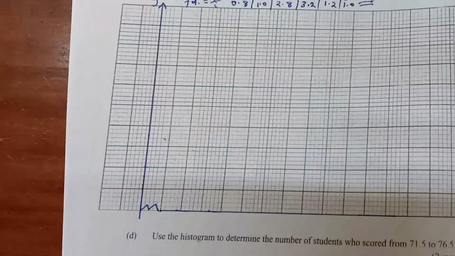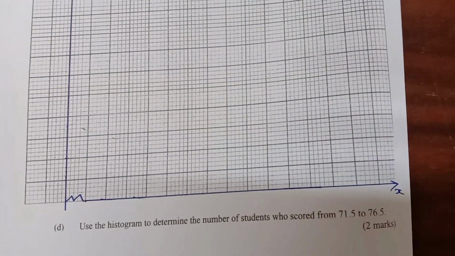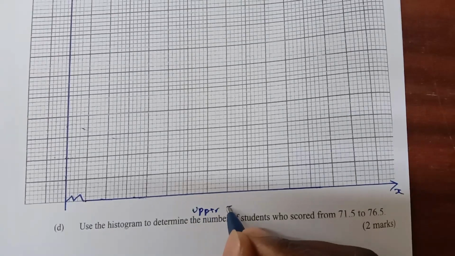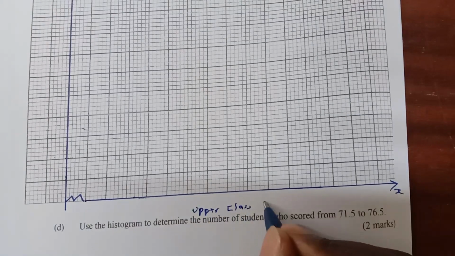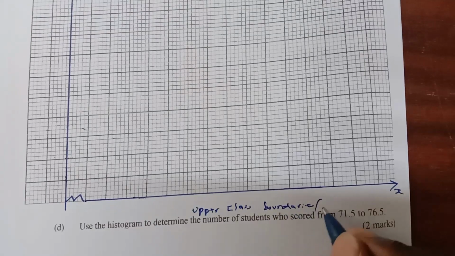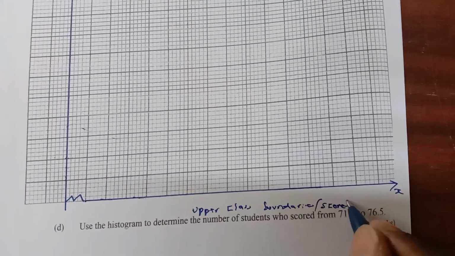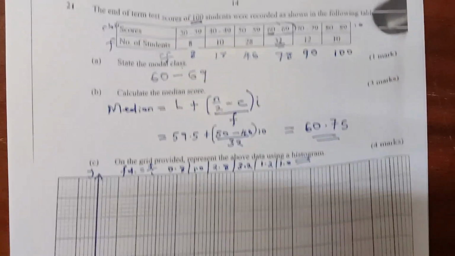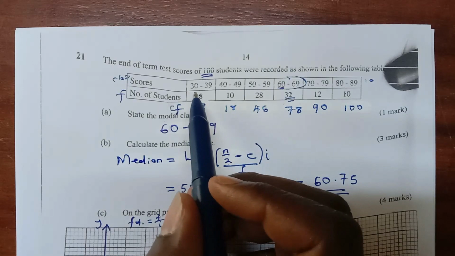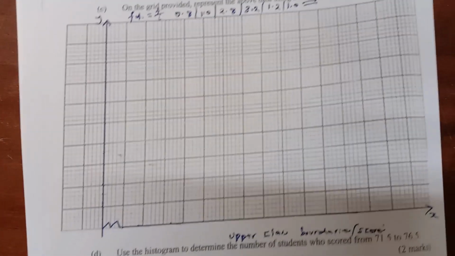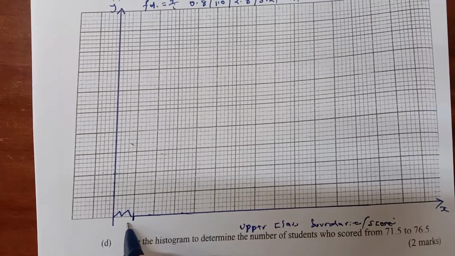So on the x-axis, we are going to place here the upper class boundaries of our scores. Now, I look at here, we have the lower class limit as 30. So the boundary here is going to be 29.5.